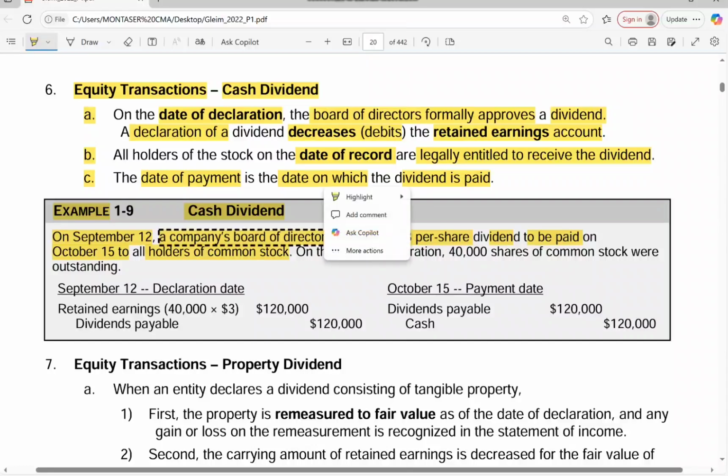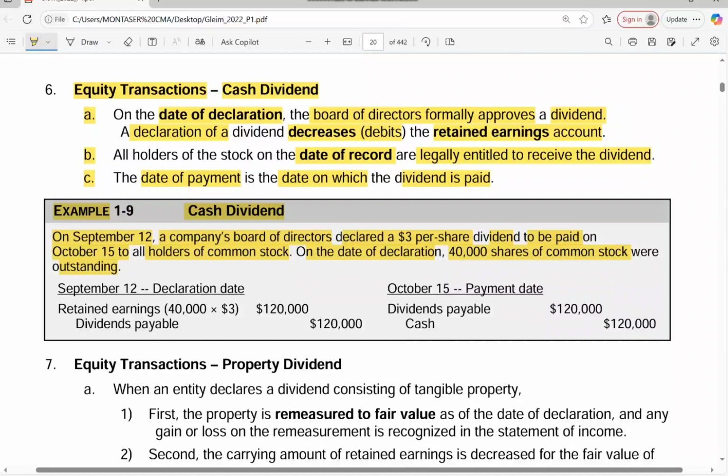So in this example, the date of declaration is September 12 and the date of payment is October 15. On the date of declaration, 40,000 shares of common stock were outstanding, so we will distribute $3 per share for the 40,000 shares.